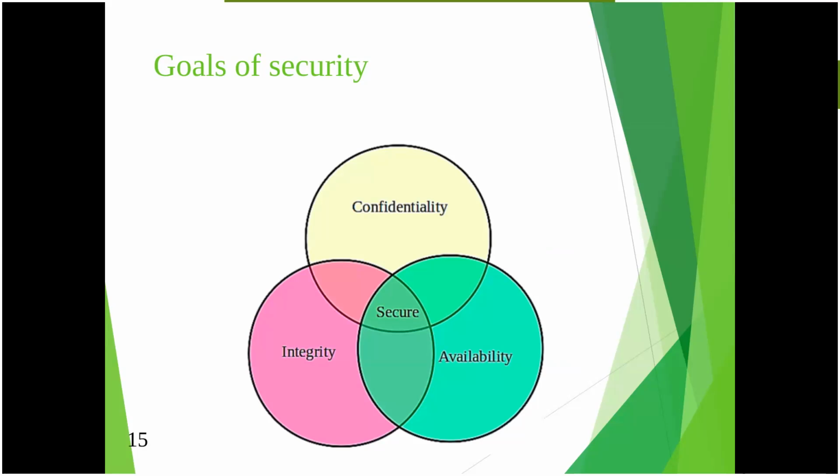All the users should get the same answers for the same questions. Availability: suppose a worker uses software in, say, a shop. This user can access it within the working period. Outside the working period, he cannot access it.